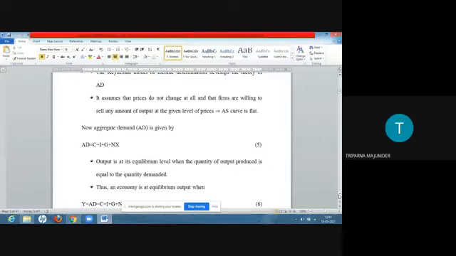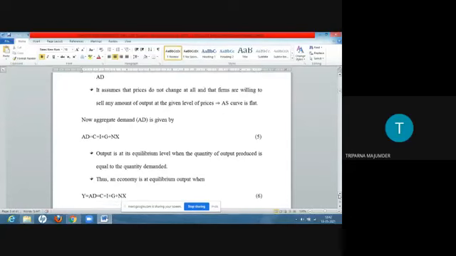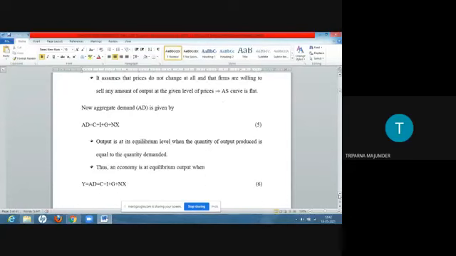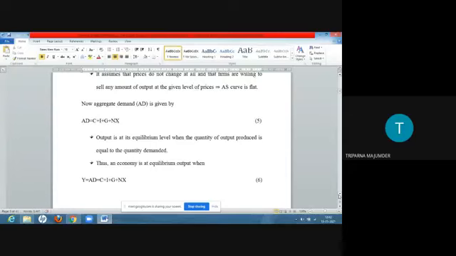This is the most sensible concept that we have learned from the beginning of our program. So output is at its equilibrium level when the quantity of output produced is equal to the quantity demanded. Thus, an economy is at equilibrium output when Y equals aggregate demand.